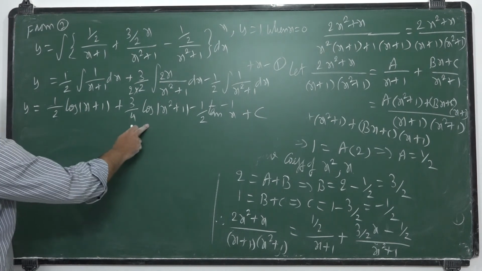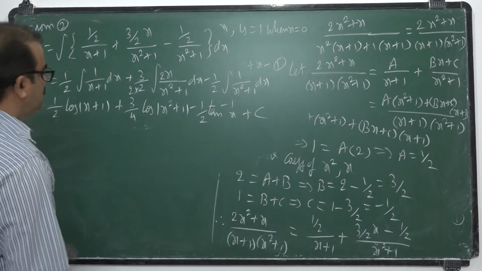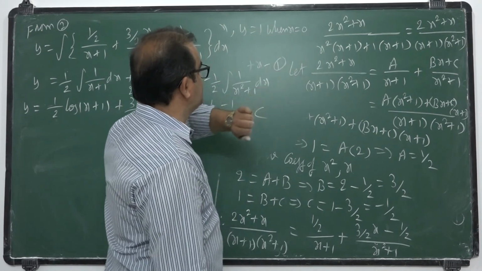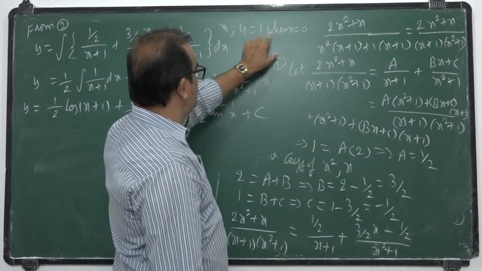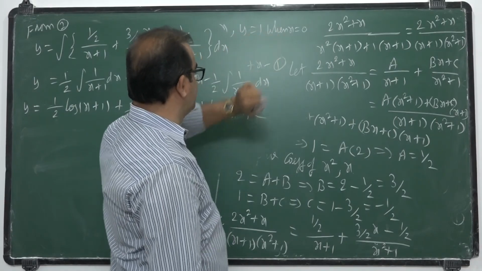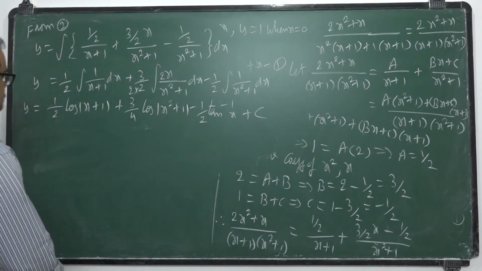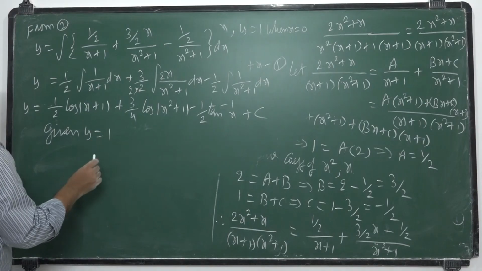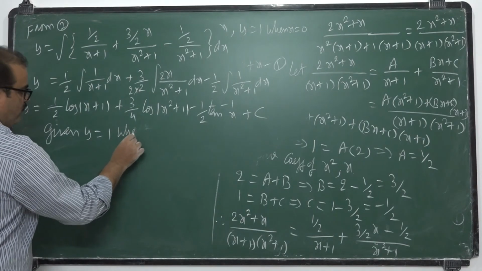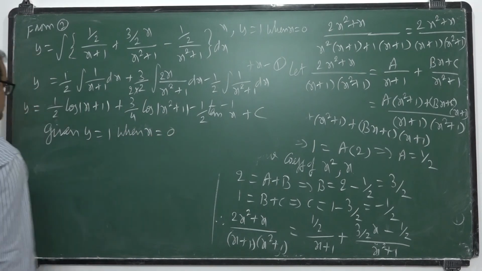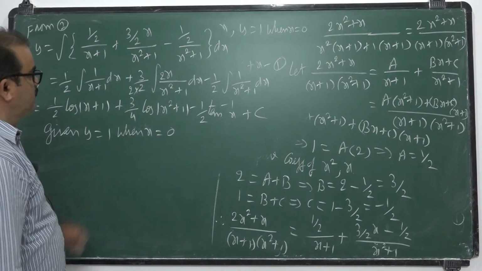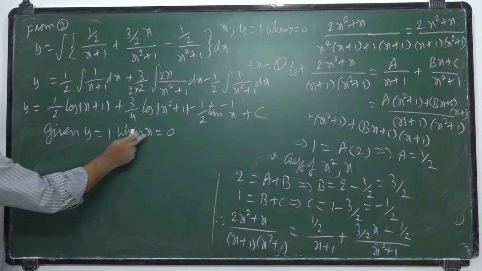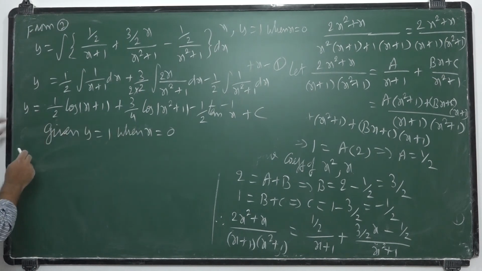Now this is the solution of equation 1, but some conditions are given. Y is equal to 1 when x is equal to 0. Now on applying these conditions, find the c value. Given y is equal to 1 when x is equal to 0, substitute these two values, y is equal to 1, x is equal to 0 in this equation.